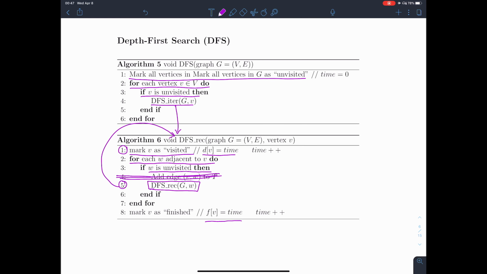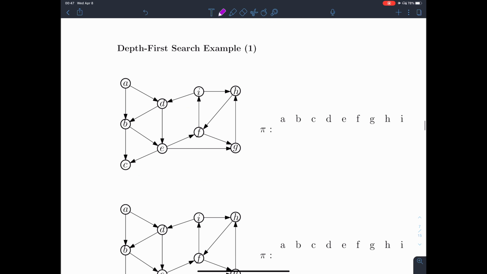Let's take a look at the simulation. Again, we will keep track of a couple of things. As we are doing the simulation by hand, it is very easy for us to keep track of whether a vertex is visited or not, or discovered or not. So in this simulation, you will keep track of two times.